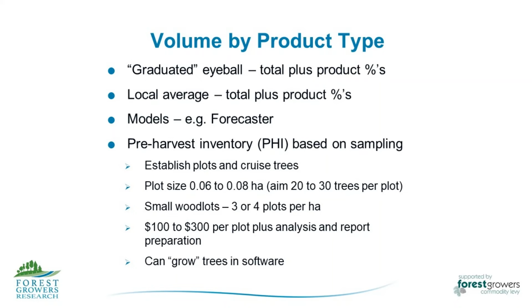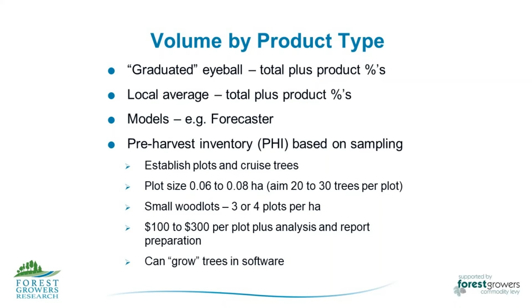A more professional assessment will include a formal pre-harvest inventory, or PHI, based on detailed measurements of a sample of representative trees. Careful design of the inventory is required. In big forest blocks, one plot per 1 or 2 hectares may be sufficient.